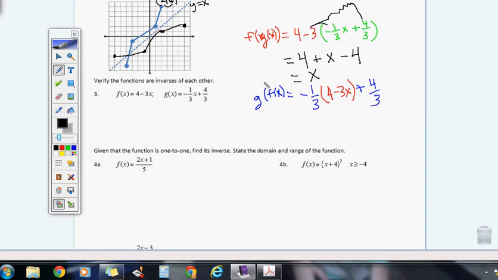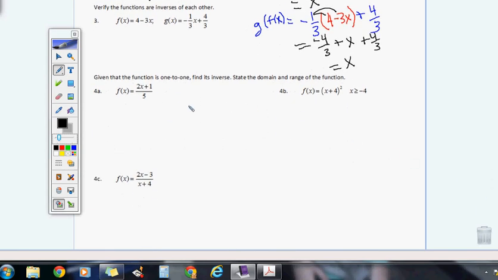So it's showing the 2 different ways, and then when we distribute through, what happens? Well, this is going to become negative 4/3 plus x plus 4/3. And those cancel off, so we get x. So once I have this work and this proof shown, I have verified that they're inverses of each other, because that's the test for verifying that.